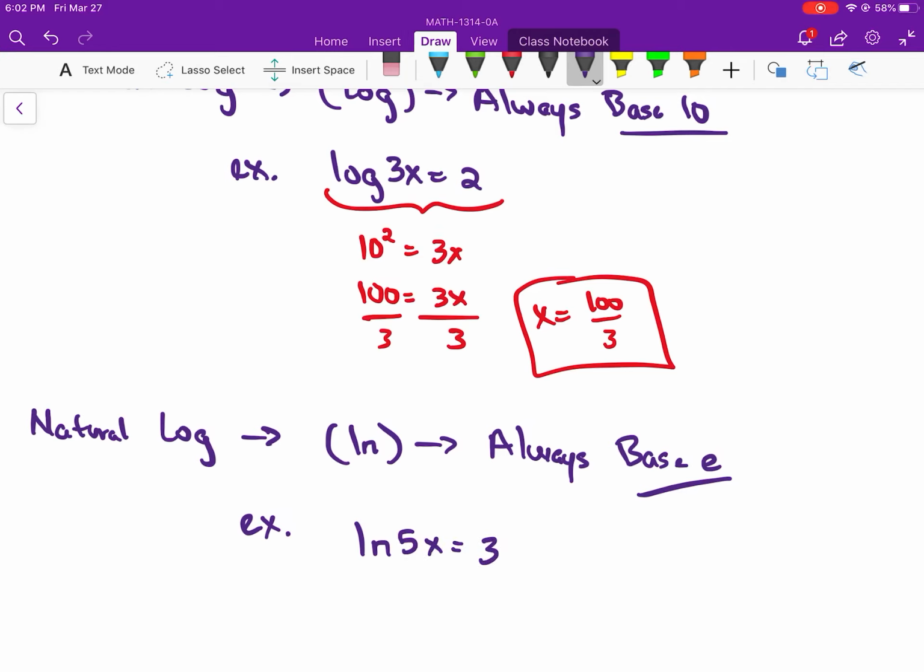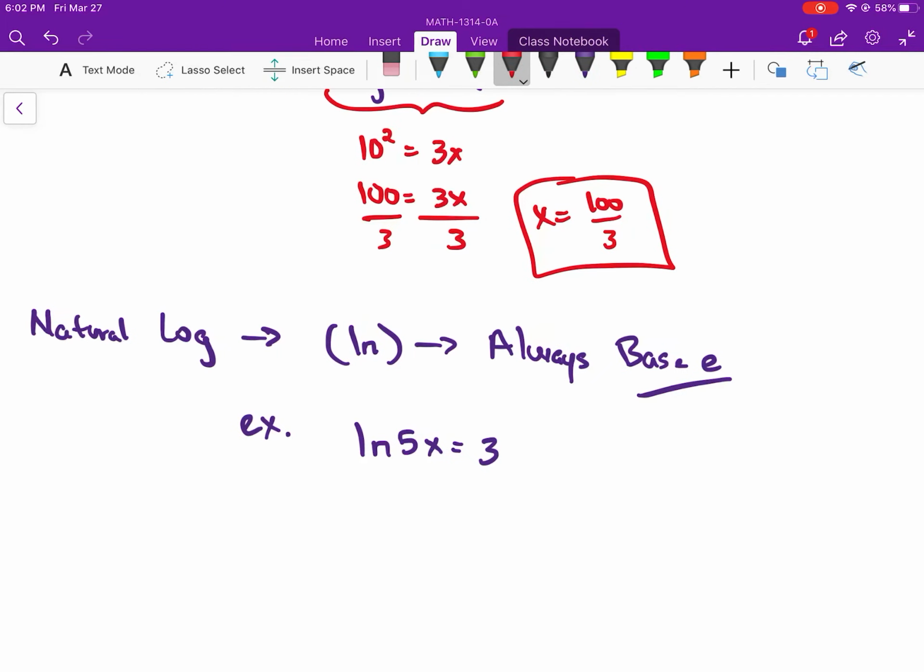Alright, so if we have ln 5x equals 3, notice that the base is not given, okay? So what you have to do is you have to remember that this is base e, so this will be e to the third power equals 5x.